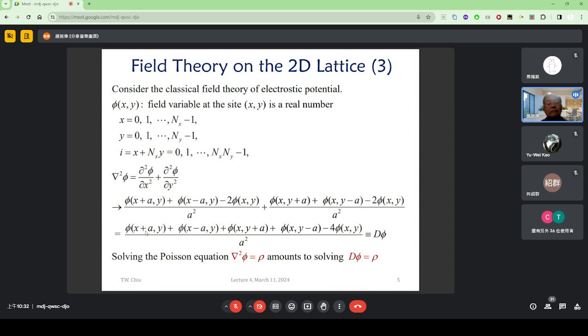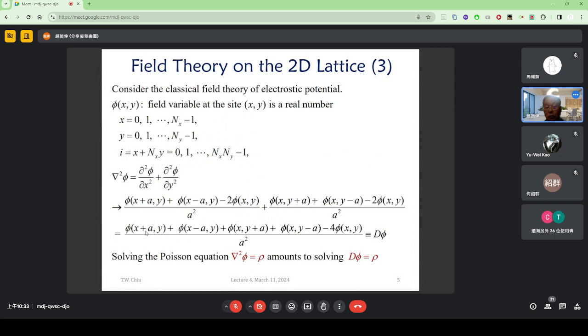Such a matrix is called a sparse matrix, because when the lattice becomes very large, the matrix is an N by N matrix. N is the total number of sites. N is nx times ny. And in a 3-dimensional lattice, the number of sites is nx times ny times nz.